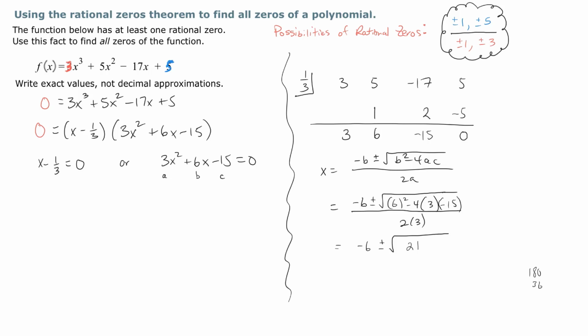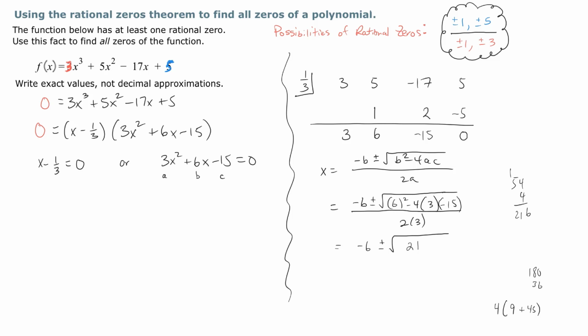Probably should have factored out a 4. I think this would be a little bit easier. And that is a 54. 54 times 4.